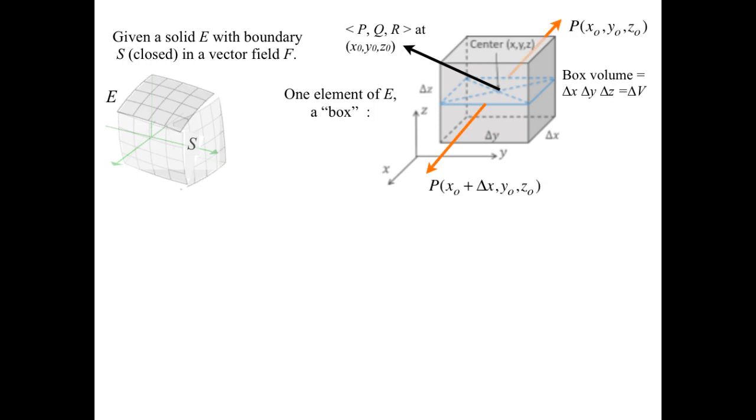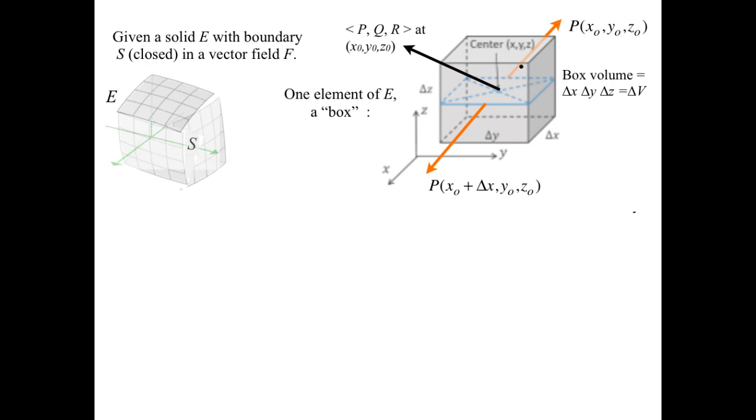Okay, so let's just look in the x direction. In the x direction, you have what? The P component of the vector field. Well, that's what we care about in terms of expansion and contraction or flux density. Then there's a little change in P associated with the change in delta x.